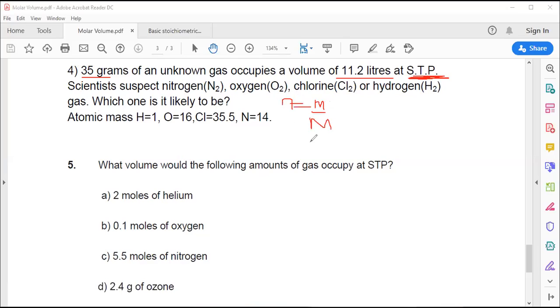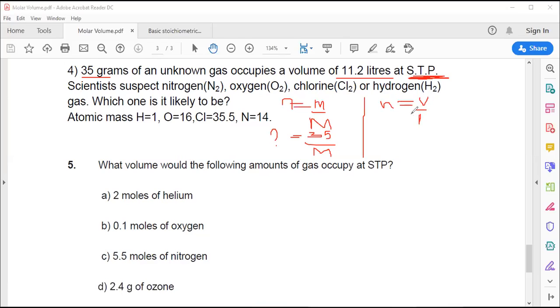I don't have number of moles, so I'm going to substitute here. My mass is 35. The molar mass, I'm just going to keep it M. But I don't have number of moles, so where do I get it? I'm going to use volume. Number of moles is equal to volume over molar volume.